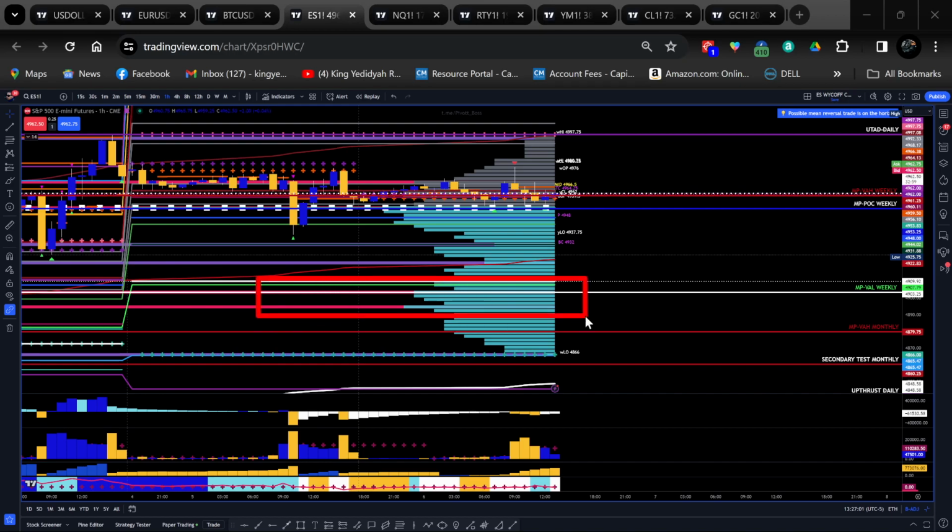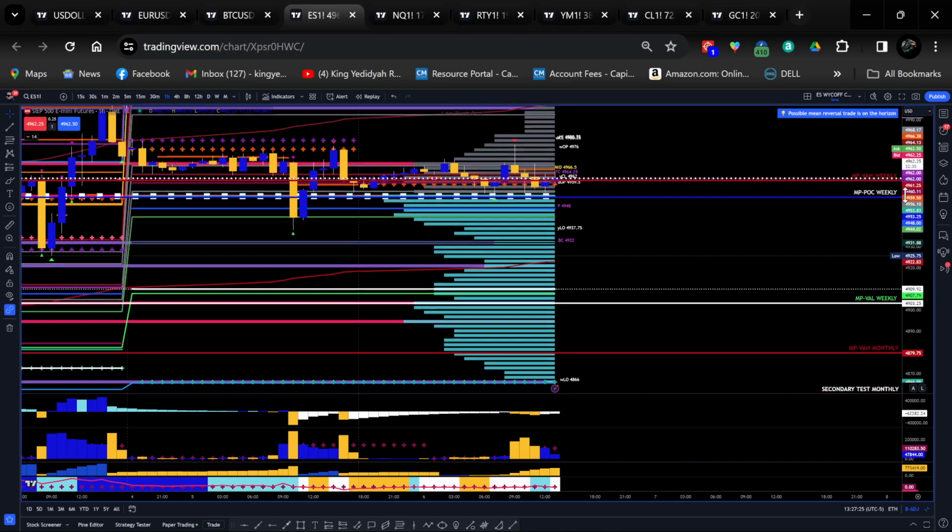Right, so this is the high volume area I'm talking about. This is the volume point of control, which is lining up with the POC for the week, and the value area high is quite close. So there's a lot of buyers who are gonna be trying to defend this area.